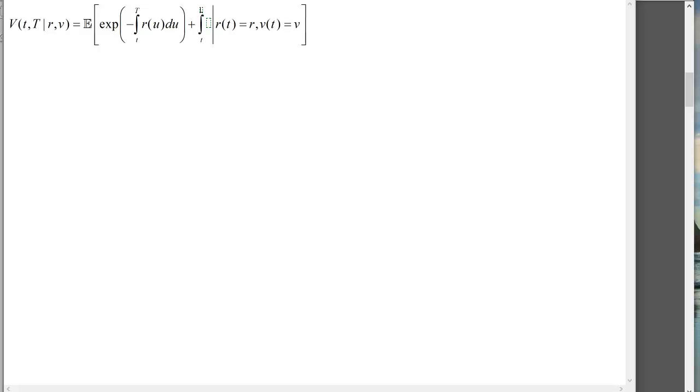I call it coupon integral, which basically represents the cumulated expected discounted value of the coupons. We assume that there is some coupon rate C, which can be a constant.